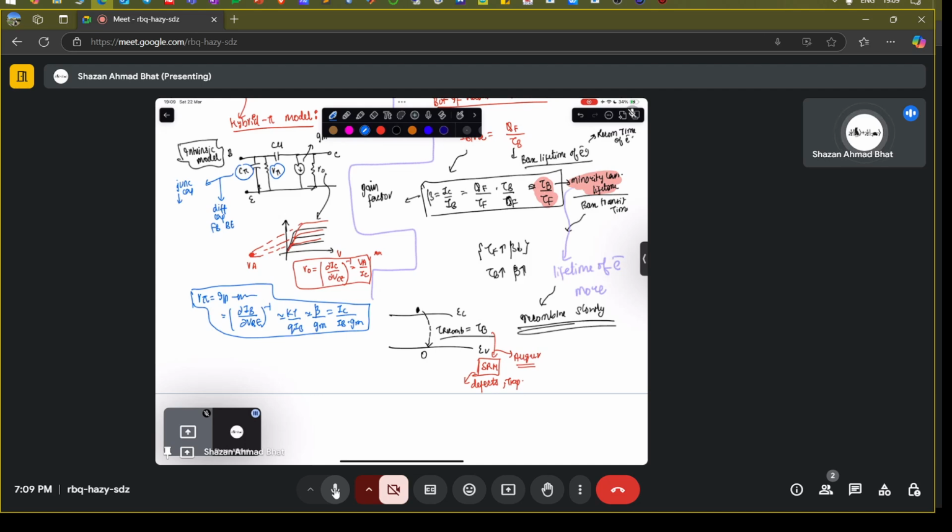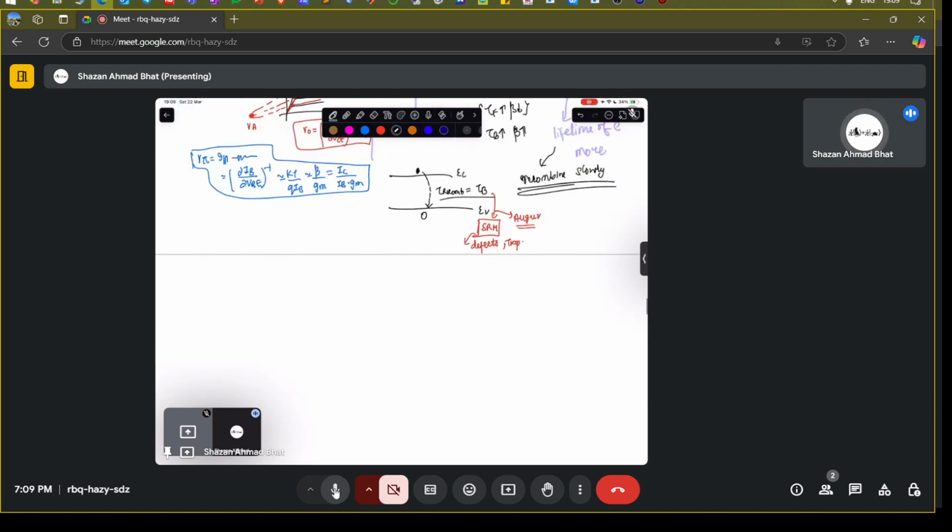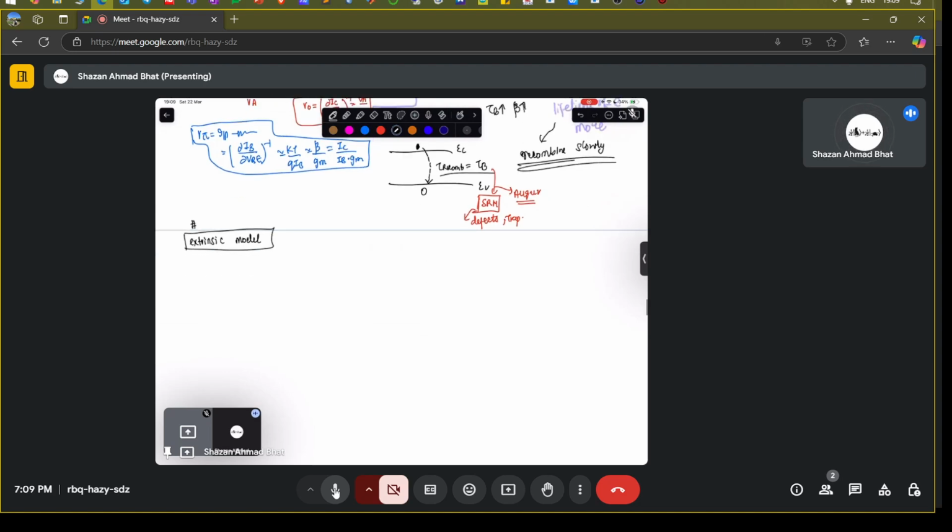So when you draw the extrinsic model, you take into account the parasitic resistances and all. In the extrinsic model you see that these capacitances are not going to change, so that is also one of the questions. You have the same circuit diagram, but you have the base resistance, C pi remains the same, but you have R pi times 1 plus GM times RE.